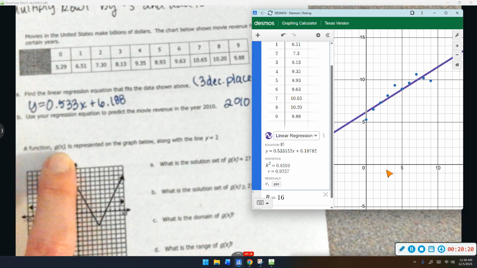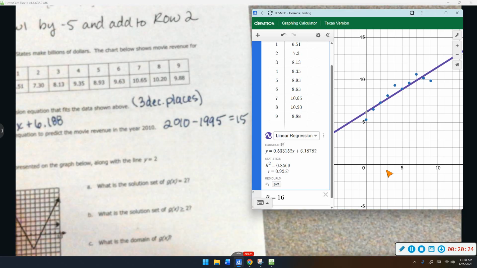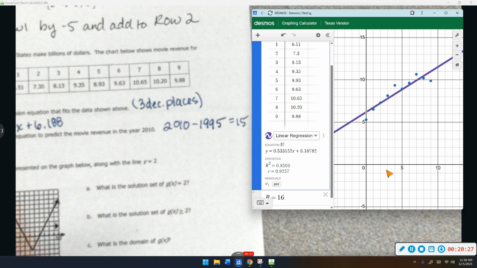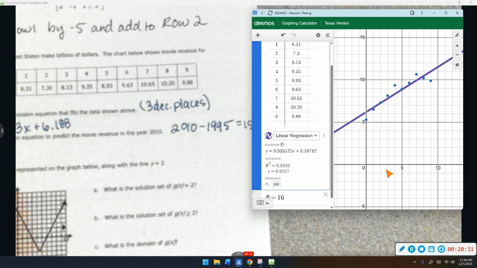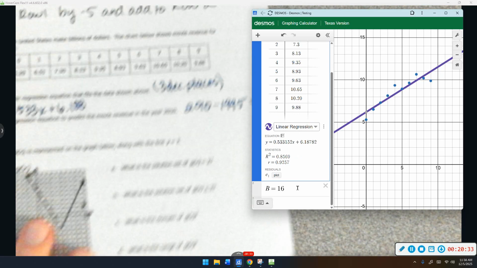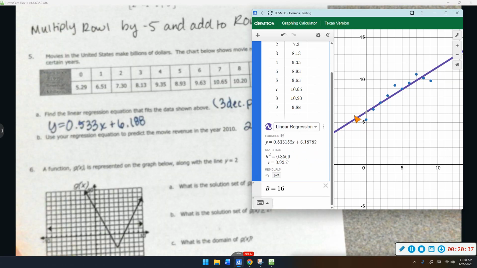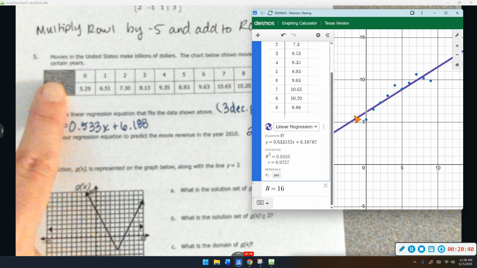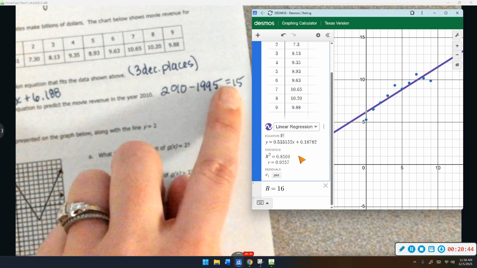I think that's 15 years. Right? 15 years? Okay, so now I got to figure out when x is 15. Because it's given in the table that this is years since 1995, 2010 would be 15. So I need to know when x is 15.